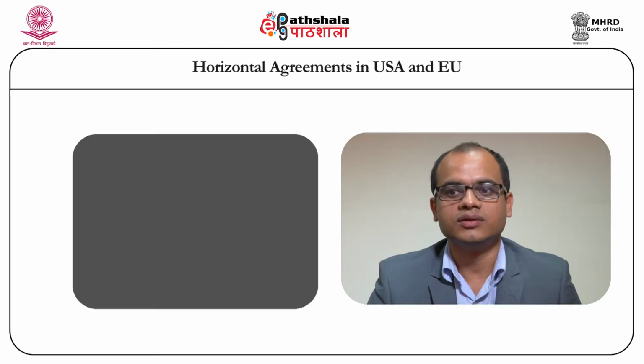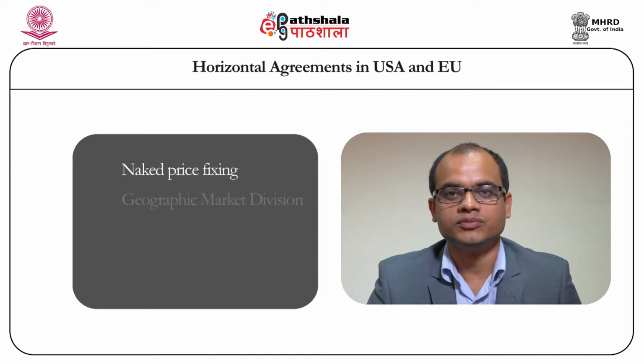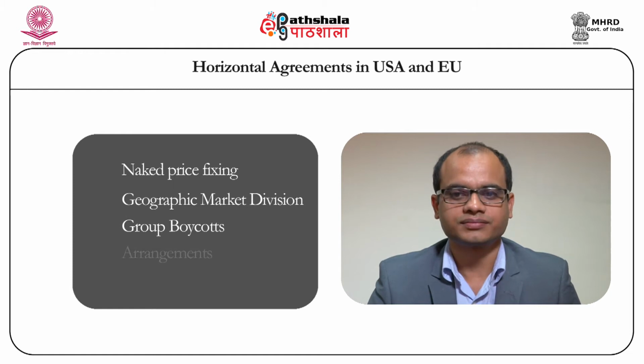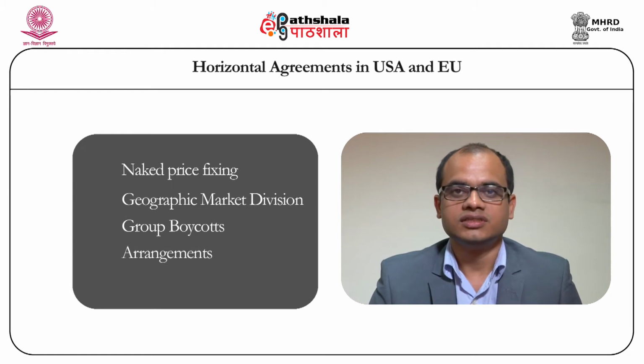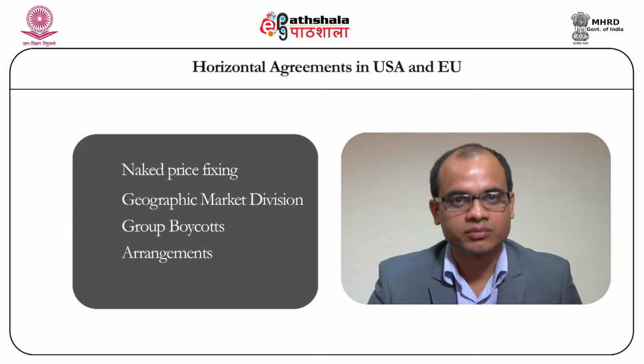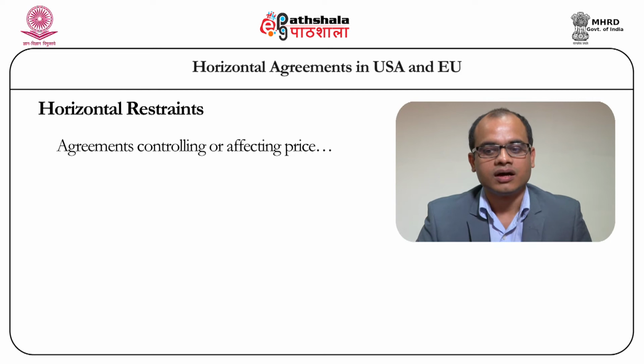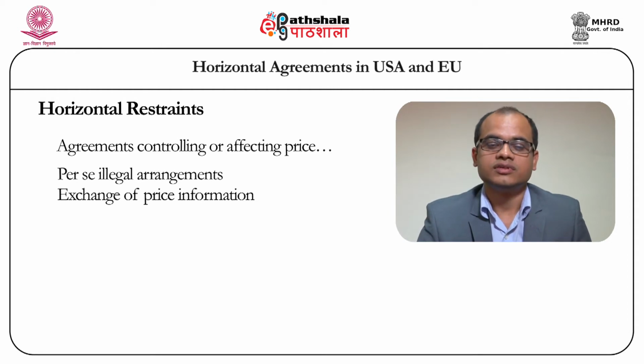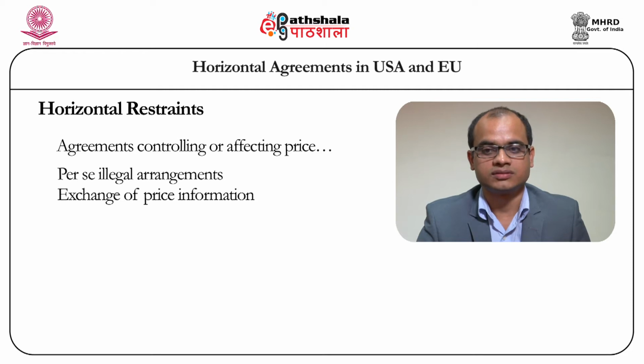Such acts include price fixing, geographic market division, group boycotts, and tying arrangements. So you can see the pernicious effect on competition and the lack of any redeeming economic value, and these price fixing agreements are treated as per se anti-competitive. Therefore, there is no need to go into an elaborate inquiry into such agreements.